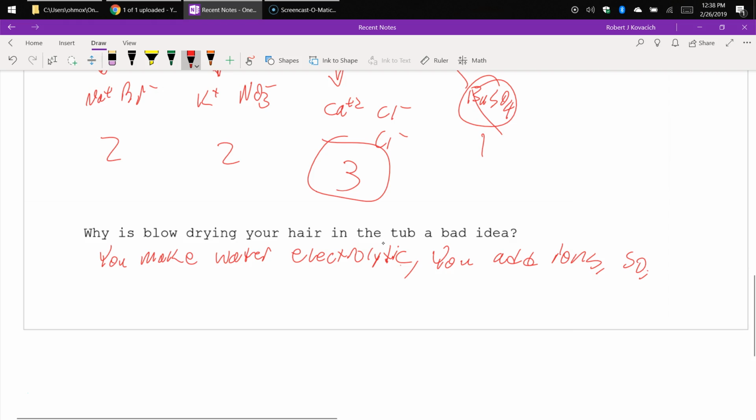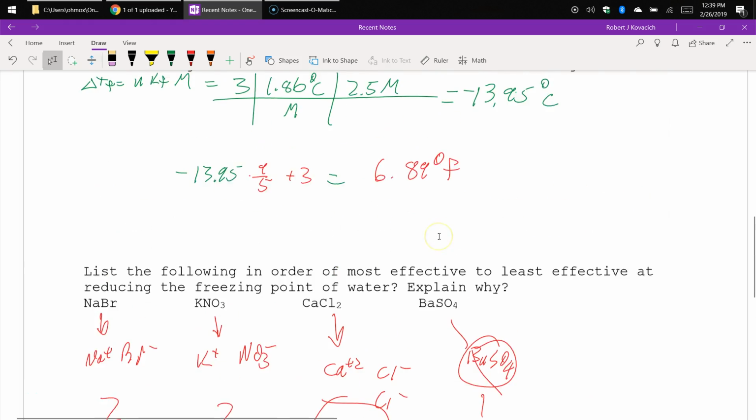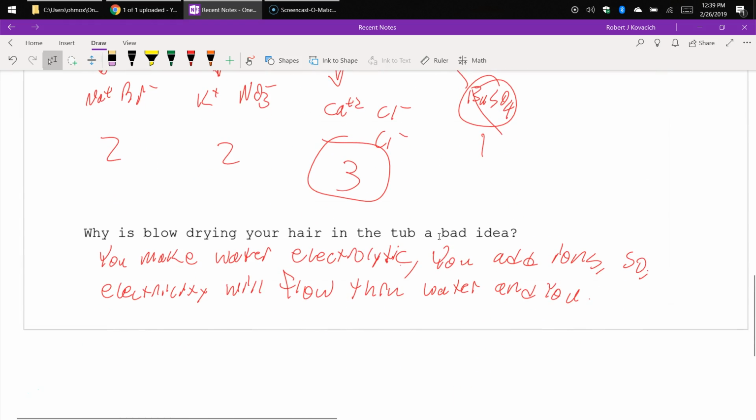So you'll end up having electricity flow through you because you made the water conductive.